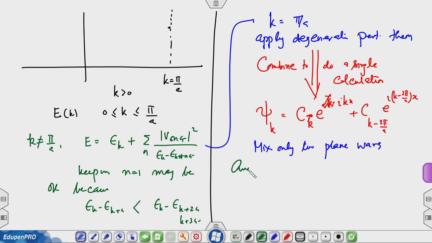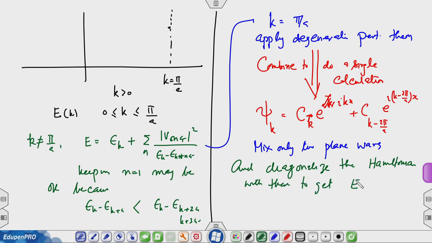And diagonalize the Hamiltonian with these to get E. Okay, so, I am taking a space which is spanned by e raised to i k x and e raised to i (k minus 2 pi by a) x, and calculating the expectation value of the Hamiltonian with respect to these two, and see what the wave function looks like, what the energies are.